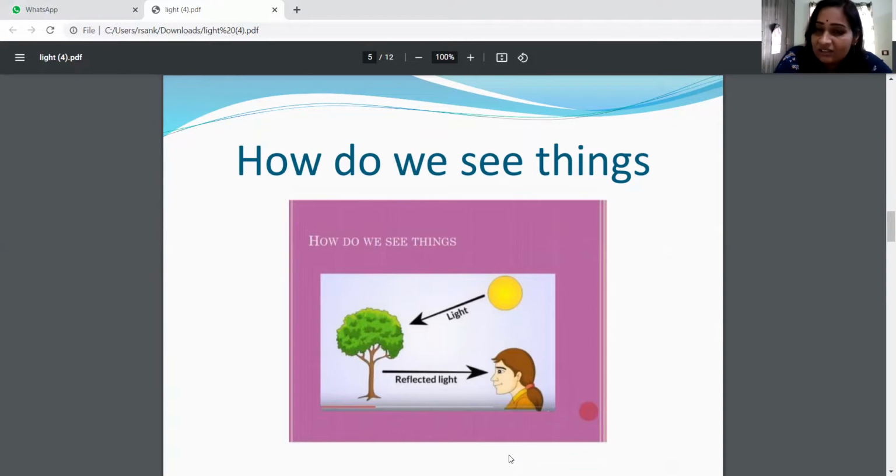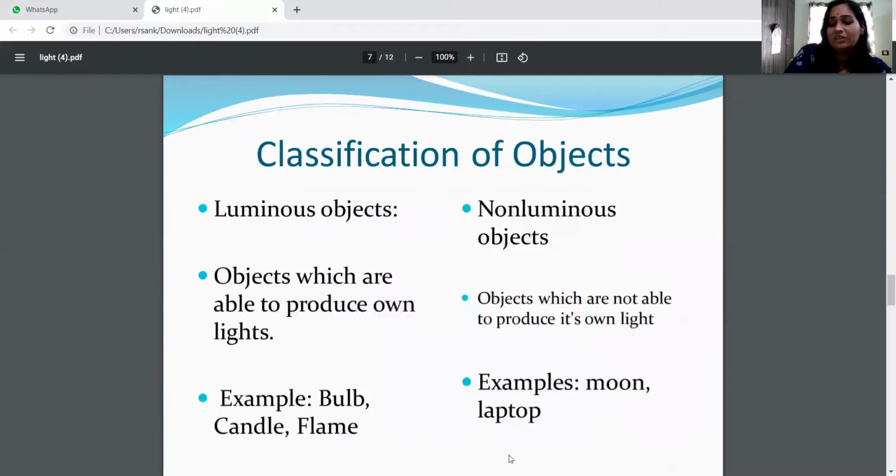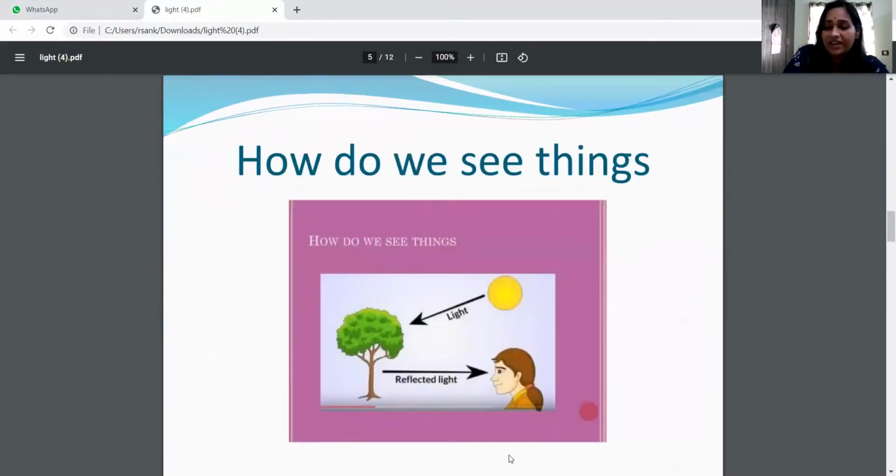Along with light, we need our eyes. That is nothing but vision to see the various objects around us. Here, with light and eyes, our brain in turn should record or capture the image. So along with light, we require our eyes and brain.